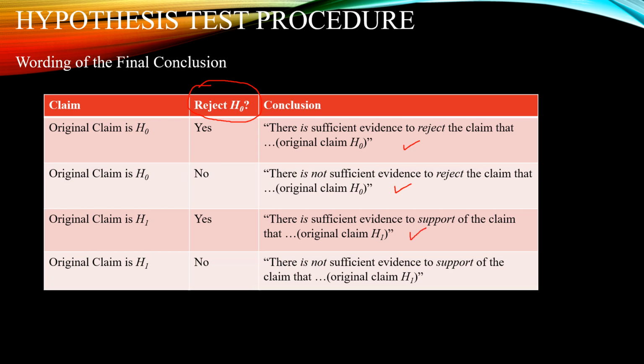If your original claim is the alternative hypothesis, but you don't reject the null, that means there's not enough evidence to show that it's true, so there is not sufficient evidence to support the claim that the alternative hypothesis is true. So there are 4 possible conclusions based on whether you reject or don't reject the null hypothesis and whether your original claim is the null or alternative hypothesis.